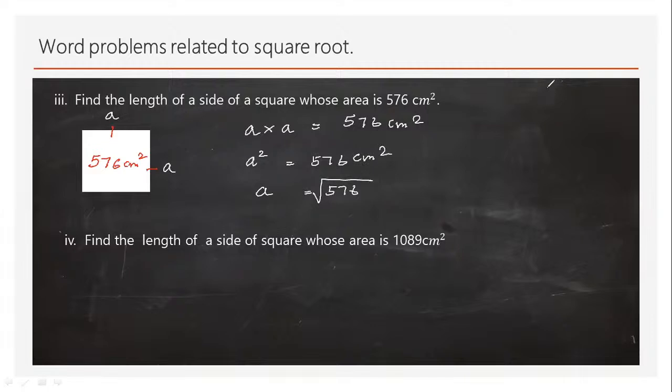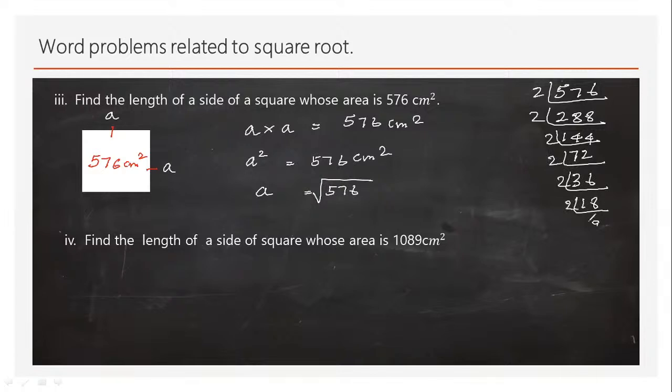Then you can follow the prime factorization method if you can't get it straightaway, as rough work. Divide by 2, 288. Again divide by 2, 144. Again divide by 2, that is 72. Again divide by 2, 36, again divide by 2, 18, again divide by 2, 9, again divide by 3, 3, again divide by 3, 1.